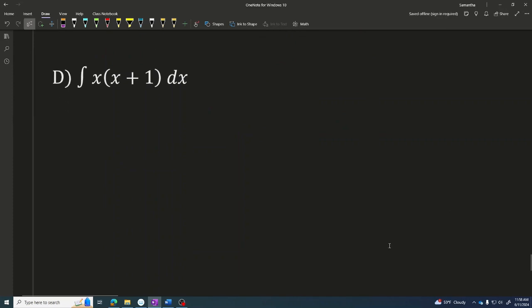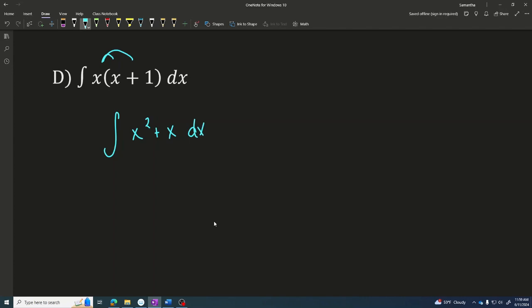And finally, someone says, what is the antiderivative of x times x plus 1? What do those antiderivatives look like? Now, we know that generally speaking, it's hard to do calculus with products. It's much easier to do calculus with sums and differences. So the first thing that I'm going to do is simplify what I am integrating to get rid of that product.